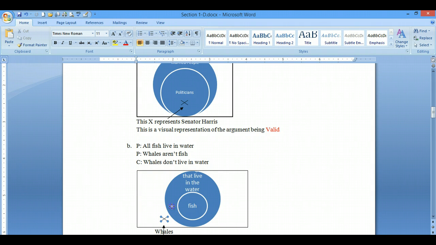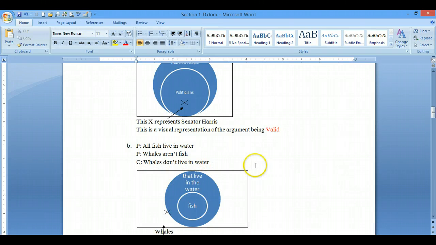So the only thing I can say is, well, maybe my X is within the water. Maybe it's out of the water, but it does not definitively tell us where it should be. It just tells me that I'm not in the fish circle. So it can either be inside things that live in the water or outside things that live in the water. Whales don't live in the water? Not necessarily.